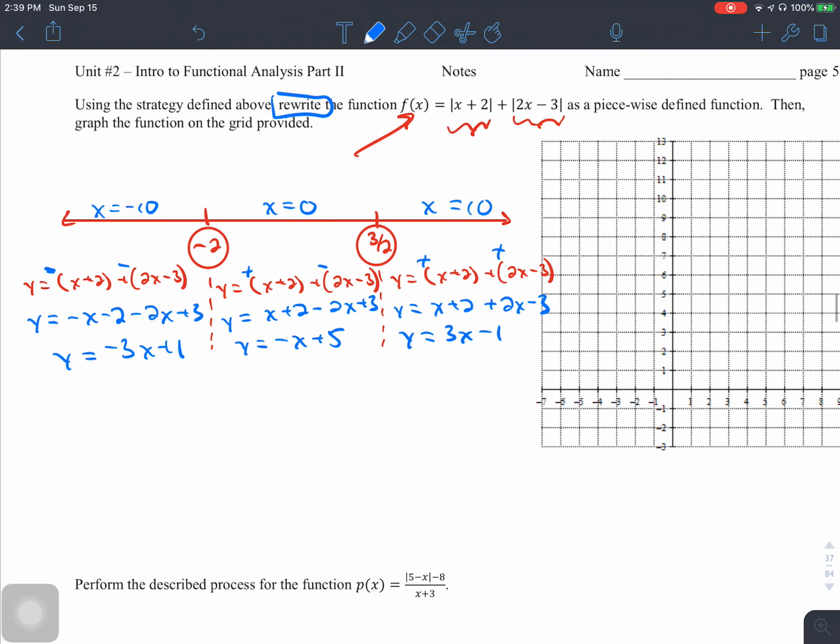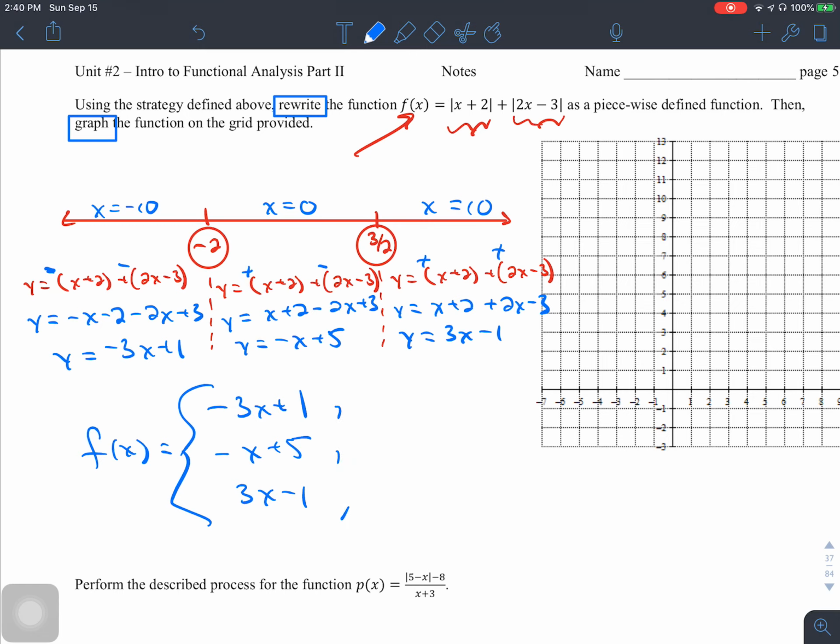The directions were to rewrite this as a piecewise function, then to graph it. So my piecewise function, this was function f, has 3 pieces: -3x plus 1, -x plus 5, and 3x minus 1. -3x plus 1 is to the left of -2.